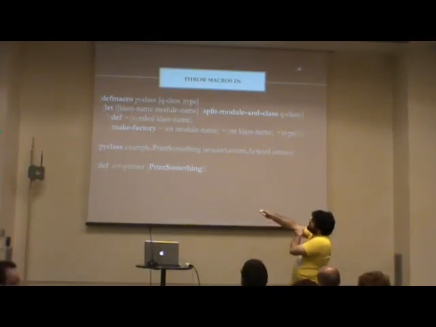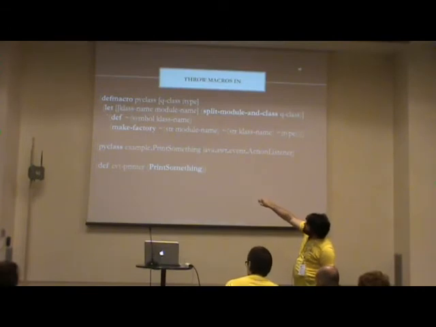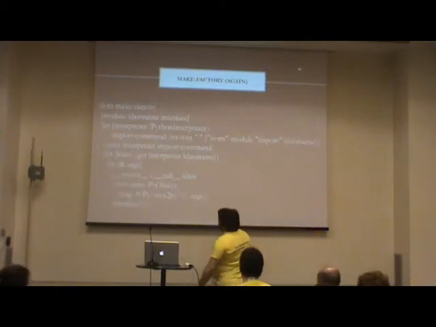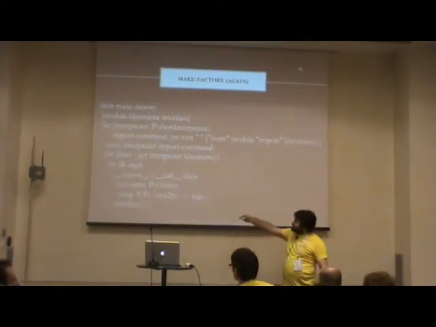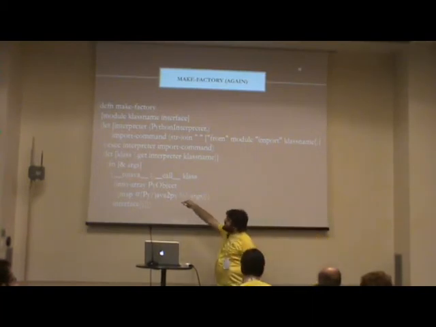And I execute this thing, def symbol, class name, make factory, module name, class name, I convert it to strings, and I will also pass it JType. JType because now I want to call, like it was before, the same old function here. Okay?